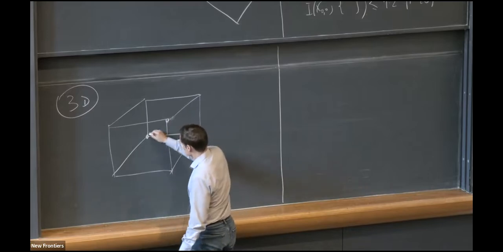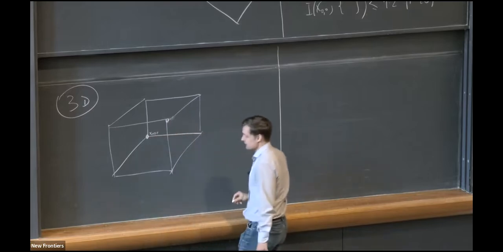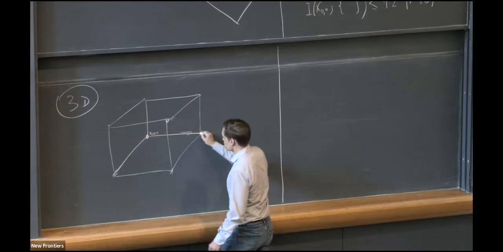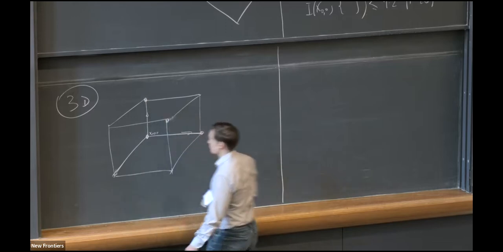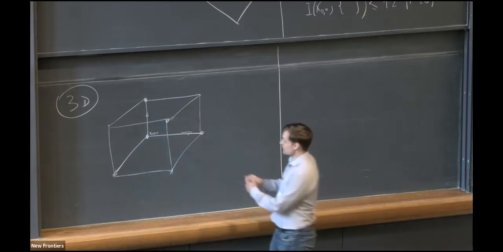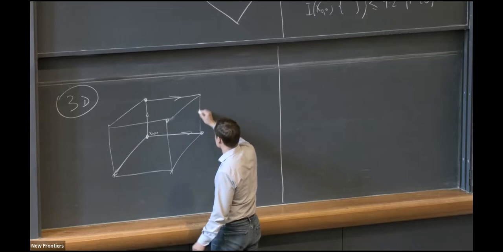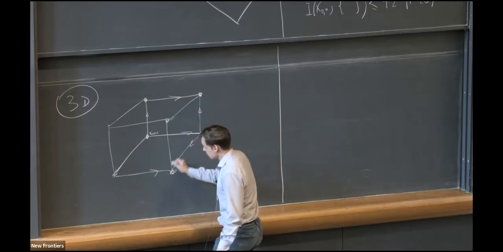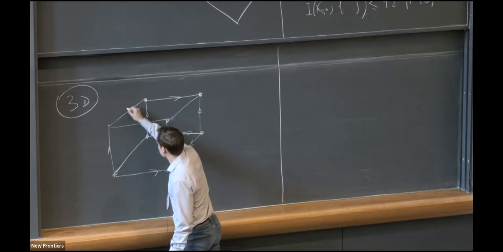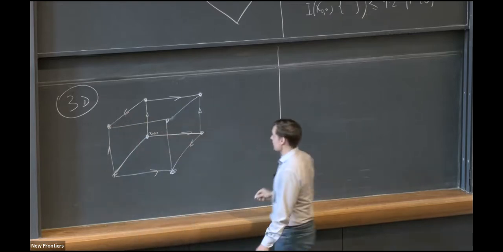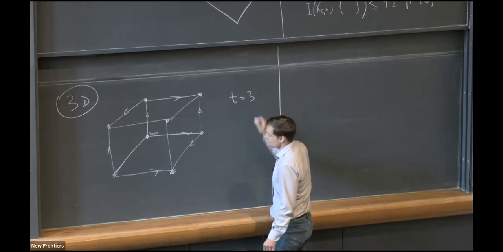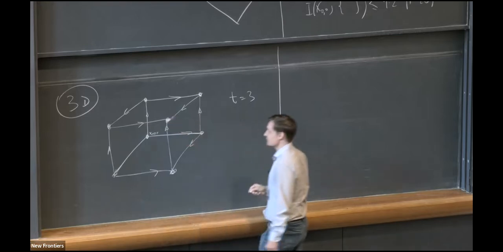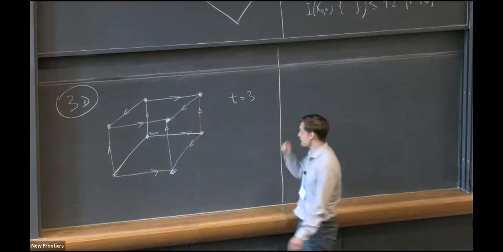So this is my initial bit, and at the first time instance, it gets sent to these three vertices. Nothing interesting at the first time step. At the second time step, the bit gets propagated to here, here, and here, and again, so far, nothing interesting is happening. But at time t equals 3, we will get to this vertex, and this vertex has 3 inputs.